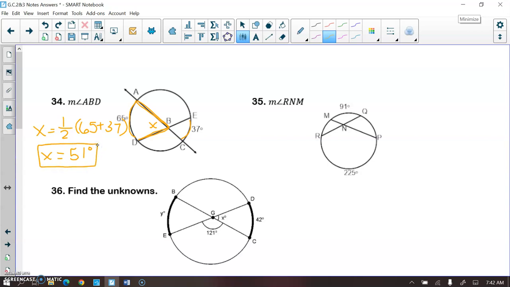All right, looking at the next one, we want the measure of angle R and M. In order to find this, we're first going to have to find the angle of R and P. So I'm going to label that X for right now. That angle is equal to half the sum of the arcs that it intersects, which is 225 and 91.